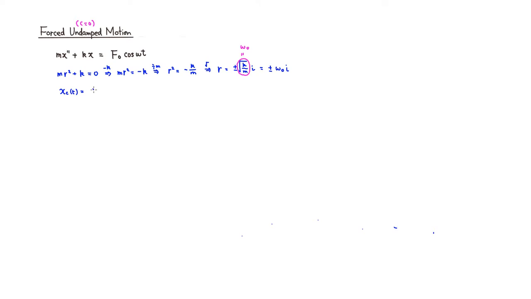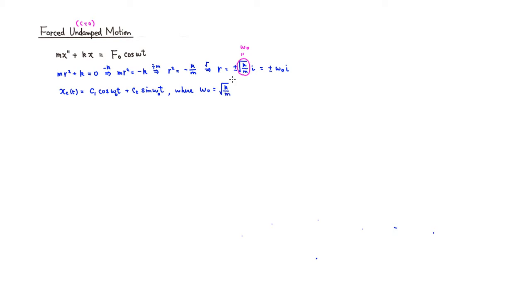So I'm going to write it as some constant c1 cosine of omega t plus c2 sine of omega t. Right? So actually omega 0 t, sorry about that, where omega 0 is simply square root of k over m.